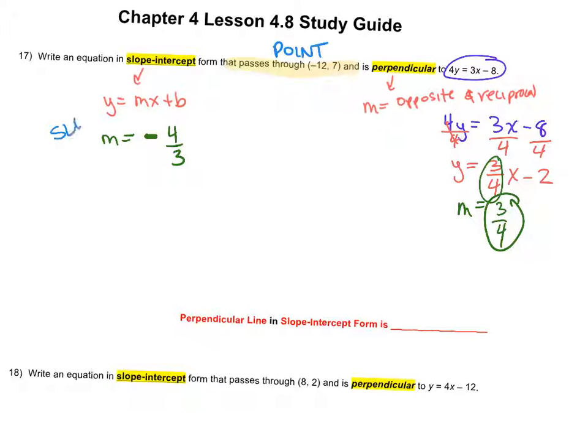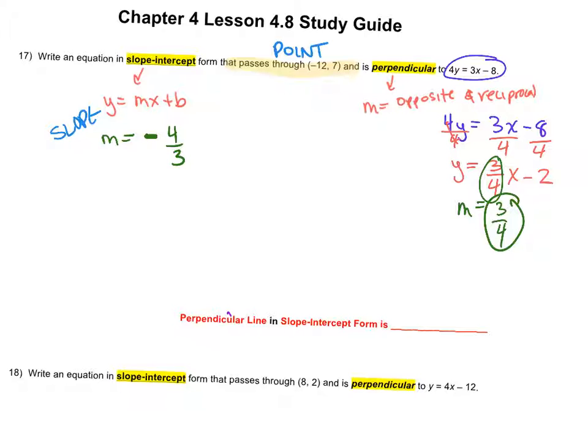And I have the slope of my new line, negative 4/3, because the slope of the new line is perpendicular to the slope of the given line, and the slope of the given line was 3/4. If I'm asked to write an equation, and I am given a point, and I have the slope, what do I use? Point slope formula.